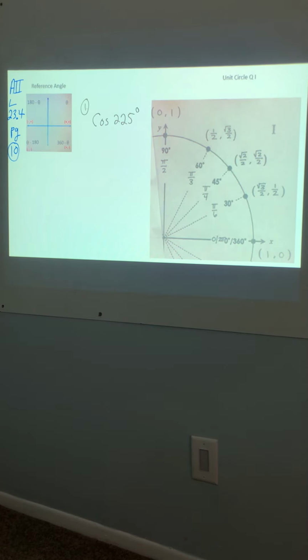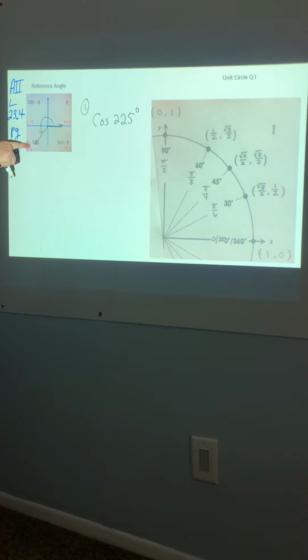First thing I want you to do, why don't we graph where it would go? You remember your initial side is right here. If I spin to here, that'd be 180, so 225 is going to land in here. Draw a little arrow. Your 225 degrees is going to land in quadrant 3.